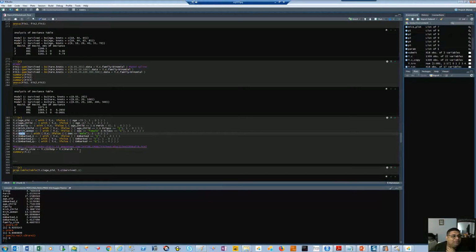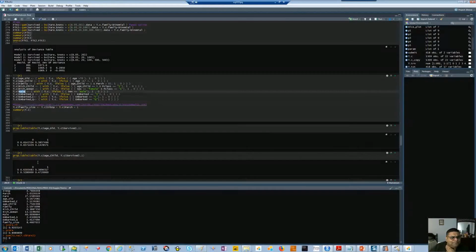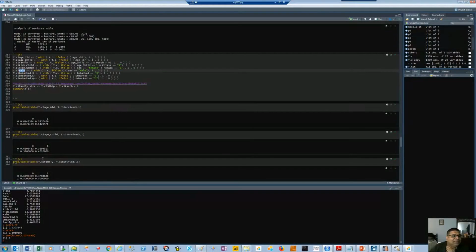I also calculated the family size based on the number of siblings or spouses accompanying along with the parent-child relationships aboard. And I added 1 for the passenger in consideration. I did some comparisons on the effect of each of these variables on survivability by creating a table for the proportions of survivors among these variables.